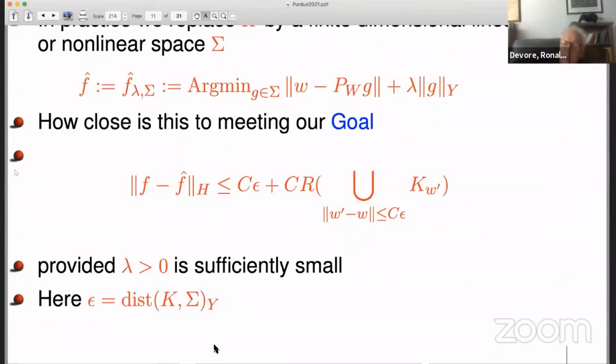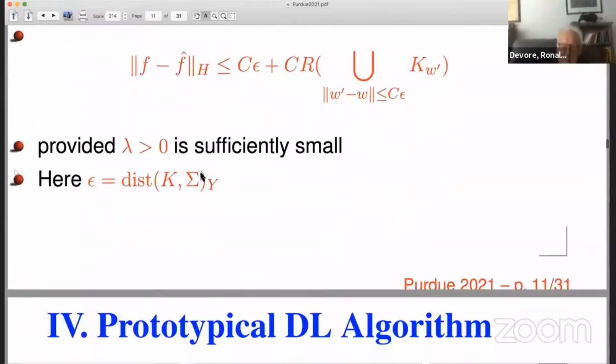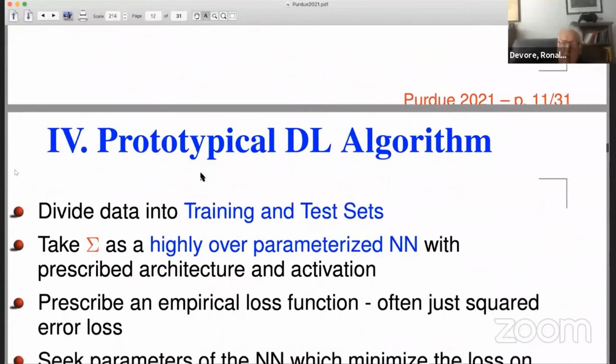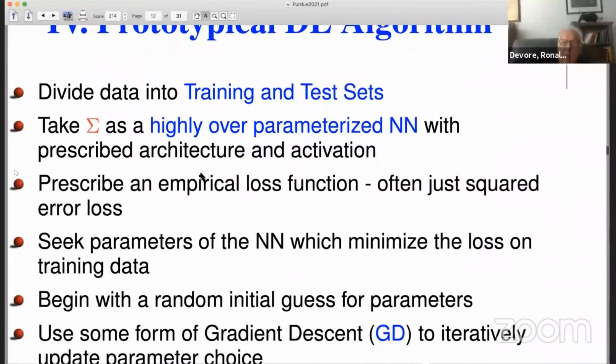Let's now talk about what deep learning does. How difficult solving this numerical problem is I haven't discussed. This is a very difficult problem in high dimensions to do, but I haven't discussed that yet. But let's see what a typical learning algorithm does. So what does a deep learning algorithm do?